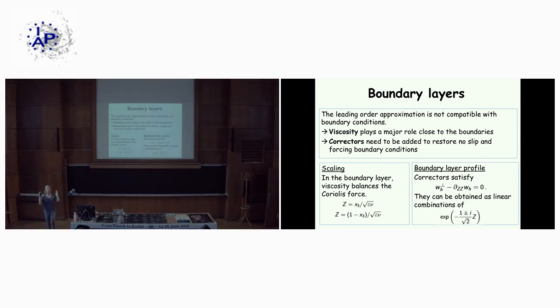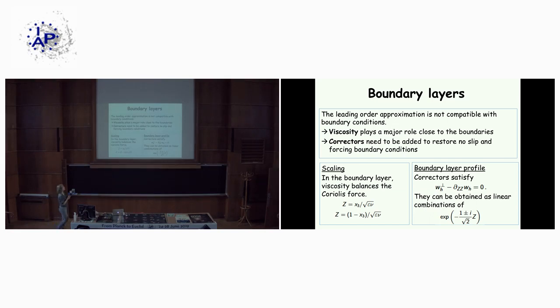But if you require that the velocity field is purely 2D, and that on the bottom it's 0, and that on the surface the derivative is not 0, you don't have any solution to this problem. Somehow it's overdetermined, because it's not possible to satisfy both this geostrophic constraint, which imposes that you have something which is 2D, and the boundary condition on the top and on the bottom.